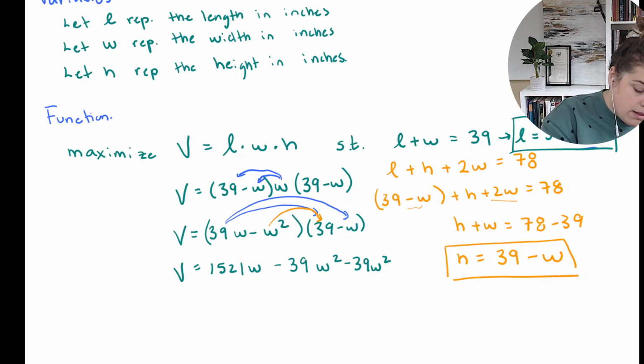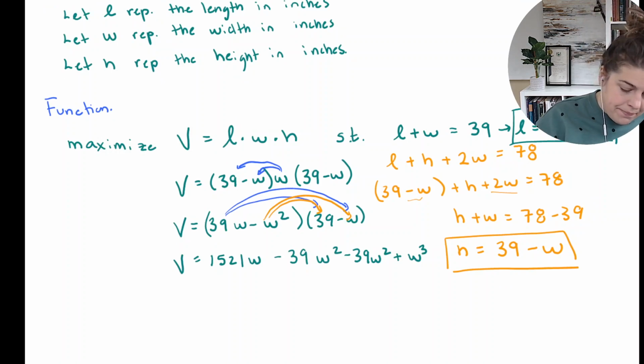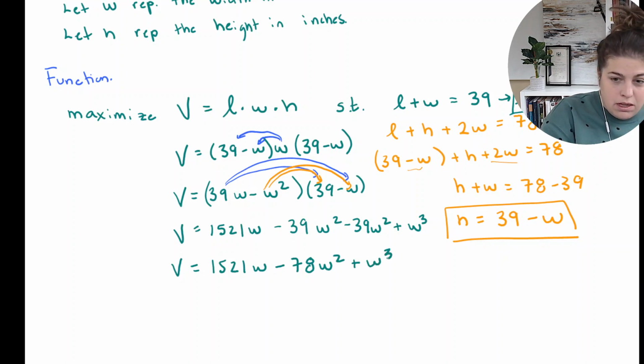And then for our last one there, that negative W squared times negative W is going to give us positive W cubed. Okay. Just making sure I haven't messed anything up. Negative, negative. Okay. And so 1521W minus 78W squared plus W cubed.